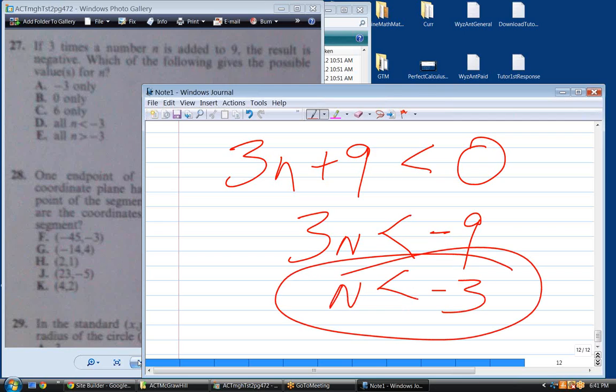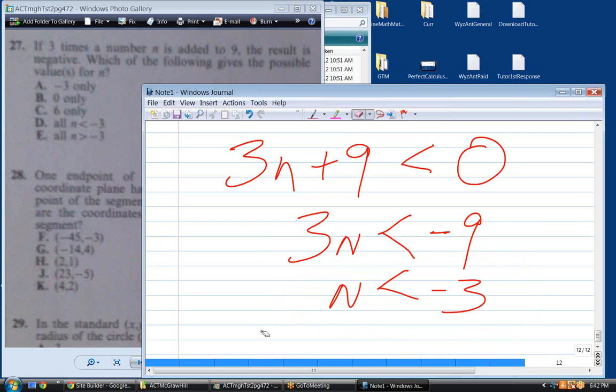There's your answer. I did not have to switch the direction of the inequality sign because I was not dividing by a negative number. If this would have been a -3 and I had to divide by -3, then I got to turn the direction of this thing around. Whenever you multiply or divide an inequality by a negative number, you turn the direction of the inequality.